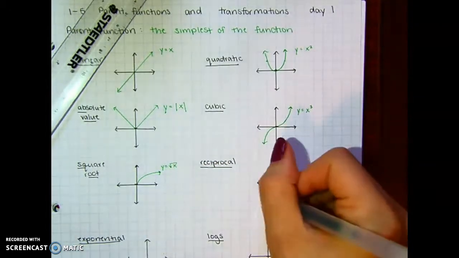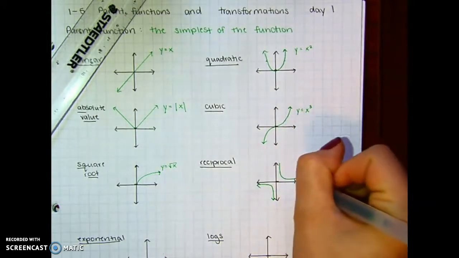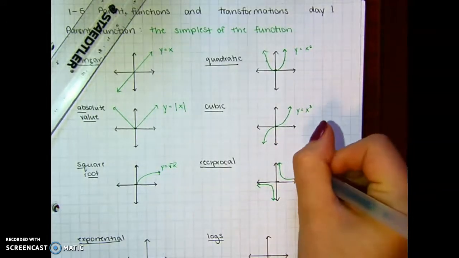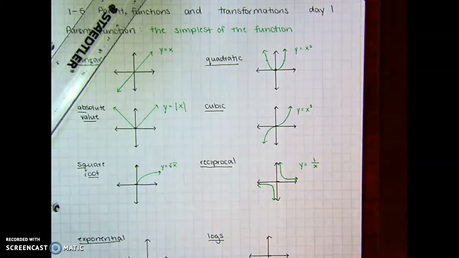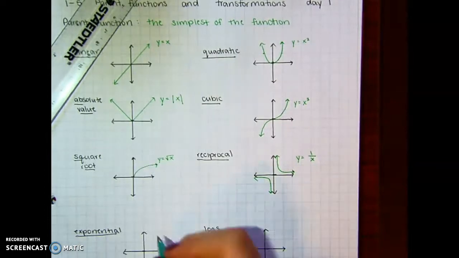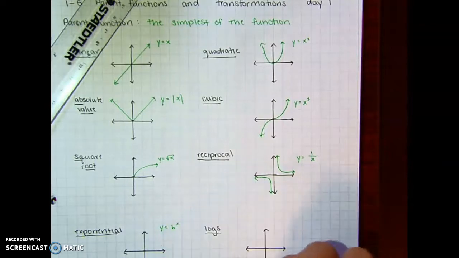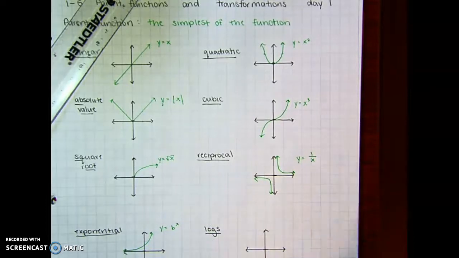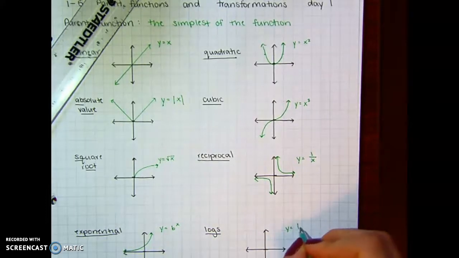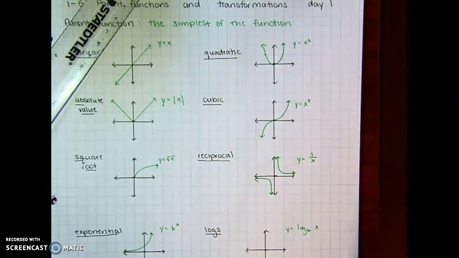Reciprocal, so that's the one that looks like this. You guys did a bunch. This one is unique because it has asymptotes. What else? Exponential, so y equals b to the power of x, and b is the base, and that can change, and then y equals log base b of x is a logarithm.